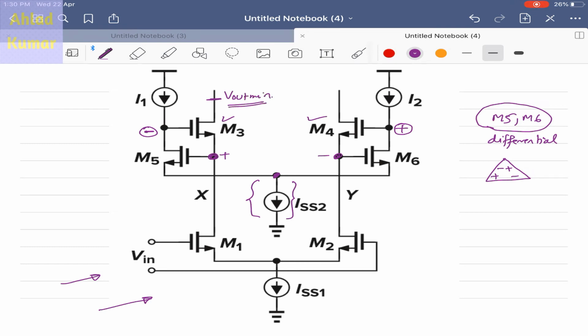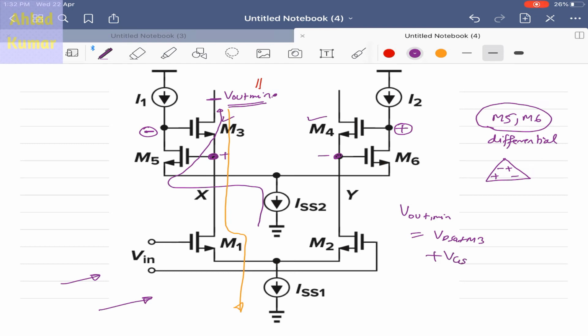If I want to calculate the minimum output swing at this point, what will that be? There are two ways of achieving the output swing. One is through this path, and the other one is straight down like this. We have to see both these paths and decide which path dominates. If we go through the purple path, then Vout min will be VDsat of M3 plus VGS of M5 plus VDsat of ISS.